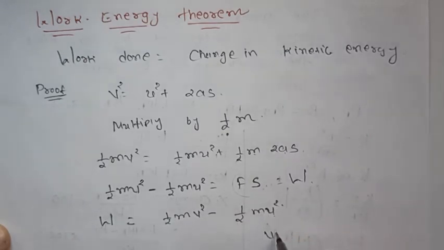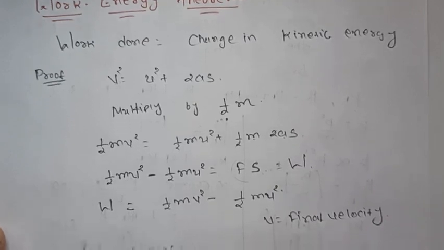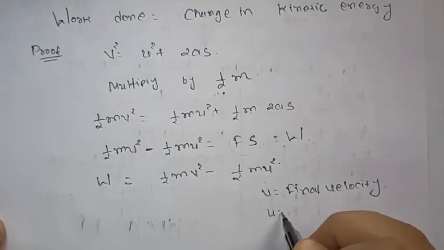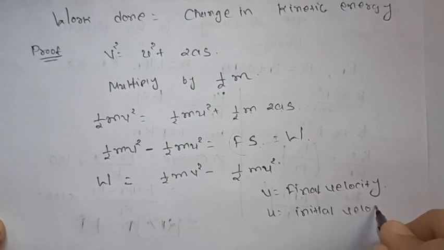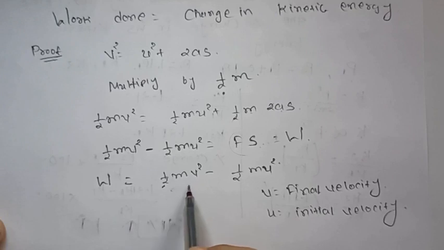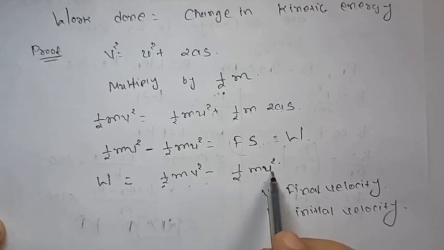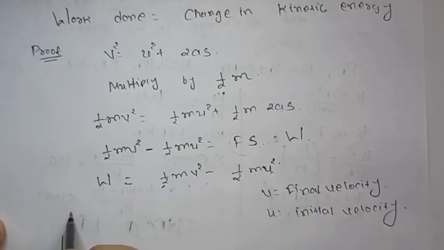v is the final velocity and u is the initial velocity. So in that case, half m v square will be the final kinetic energy and half m u square will be the initial kinetic energy.